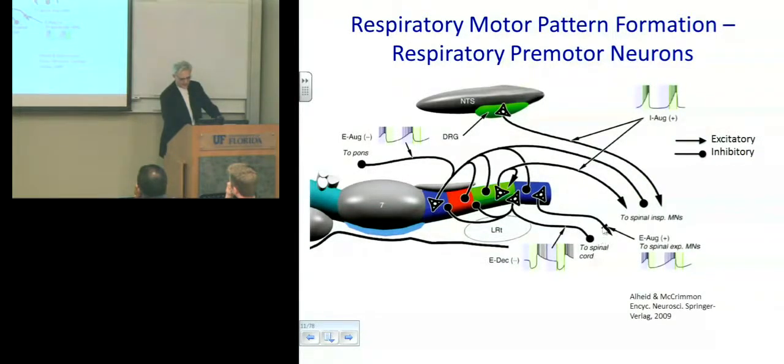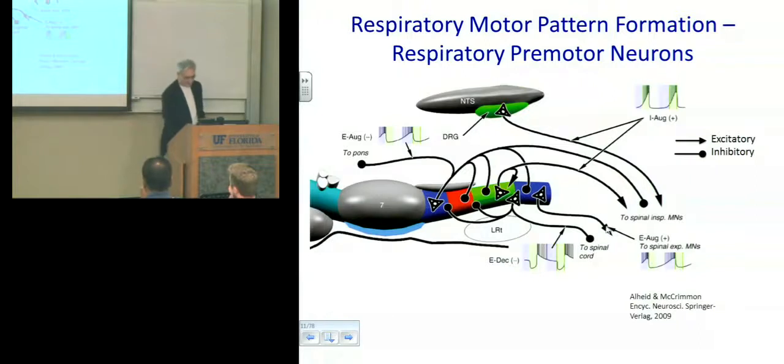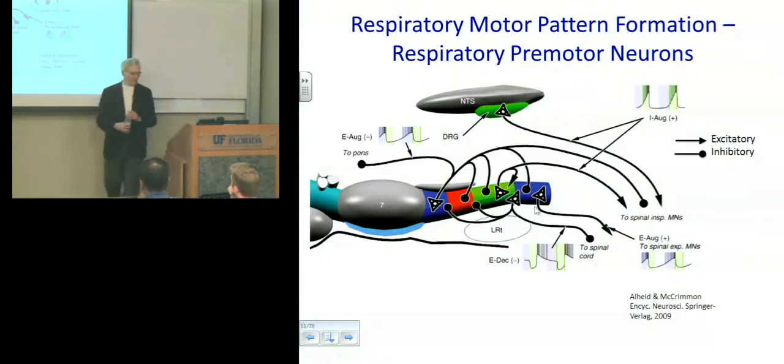It has an excitatory axon that goes down to the thoracic spinal cord and innervates expiratory intercostal motor neurons, and it does not seem to give rise to axon collaterals, interestingly enough.